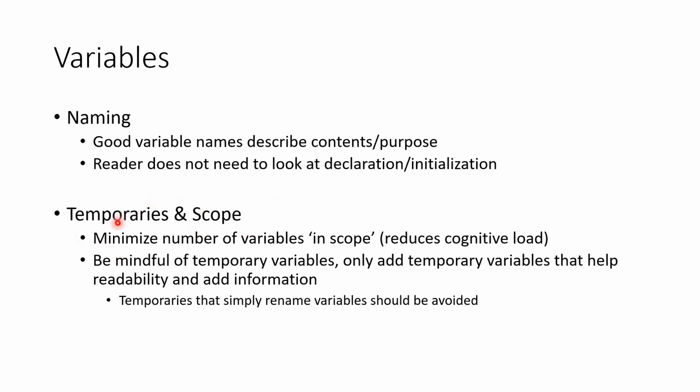Best practice is to minimize the number of variables in scope so that we don't need to remember many variables that we don't need. Which is why we should be using temporary variables. But don't overuse them. Only add those that will help with readability and add information. And we'll go through some examples next.